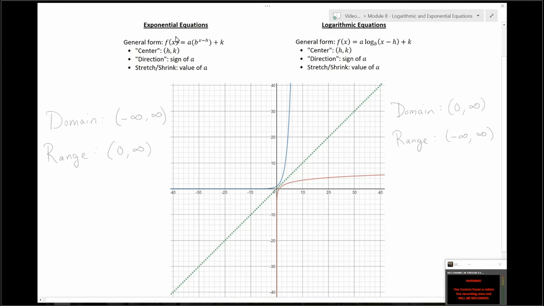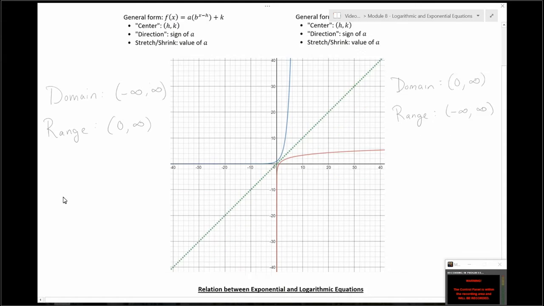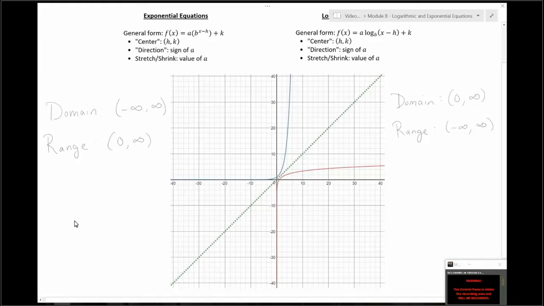Now, these general forms should look very familiar. They should look just like, let's see, we had vertex form for parabolas.